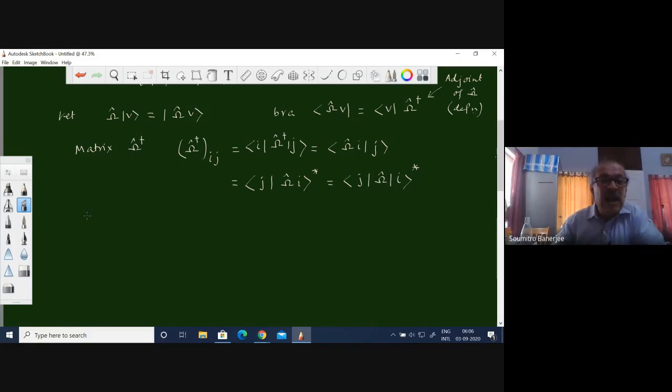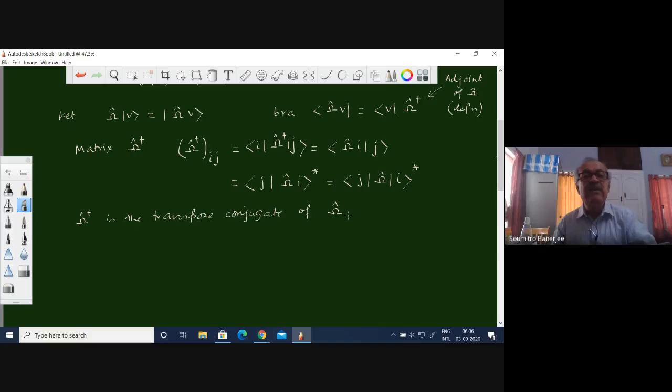So therefore, the elements of this are the transpose conjugate: this ji is the transposition, and here is the conjugate. Okay, this is what we compute. So the adjoint is very easy to take. If you have a square matrix, you simply take its transpose conjugate, and you get the adjoint of that matrix.